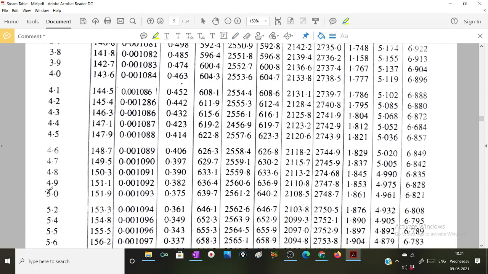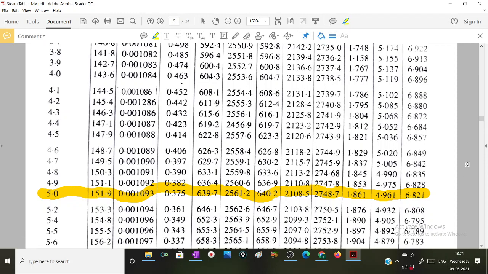Now see here, these are the properties corresponding to 5 bar. Now what is the first property actually? The first property is T saturation, 151.9 degrees Celsius. That is, at 5 bar, water will convert to steam at 151.9 degrees Celsius.